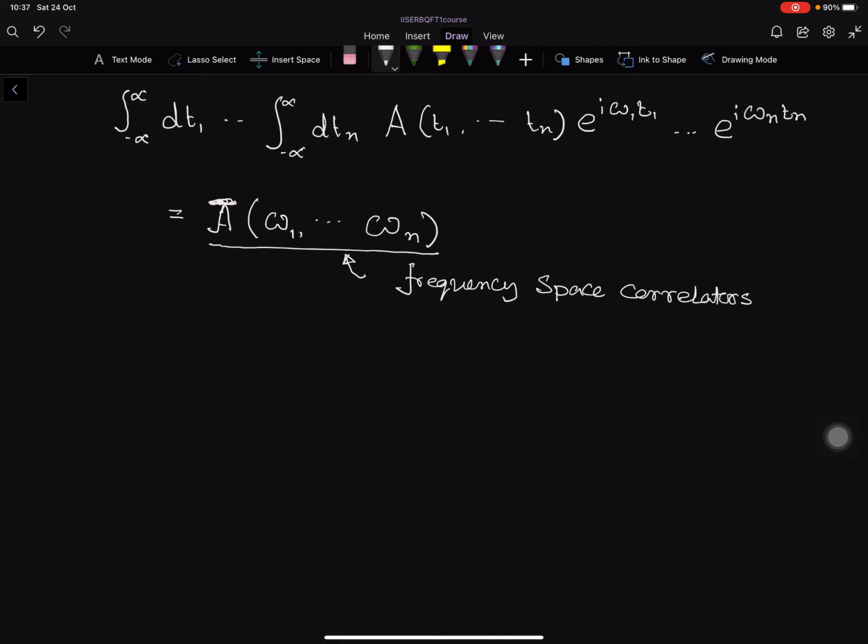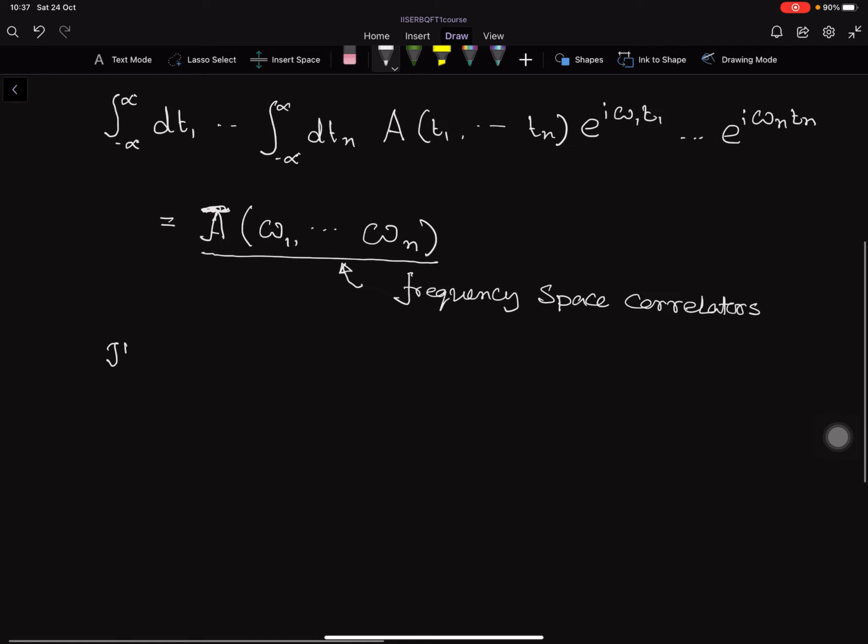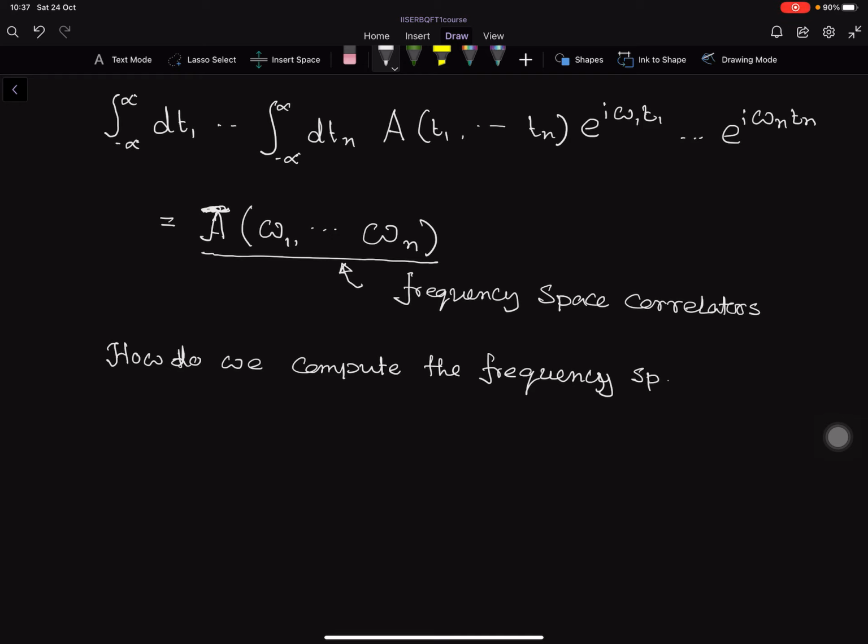Great. So now the question is: how do we compute them? There are several ways. One is to Fourier transform the position space correlators, but that will be a long way.